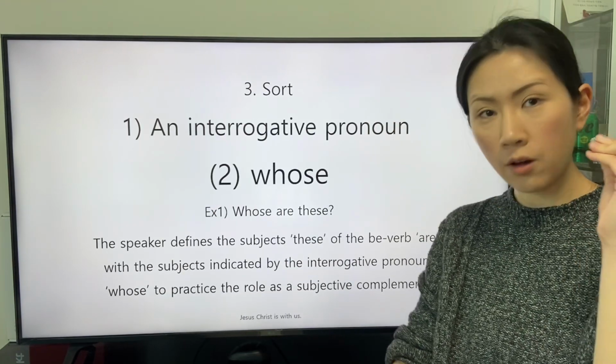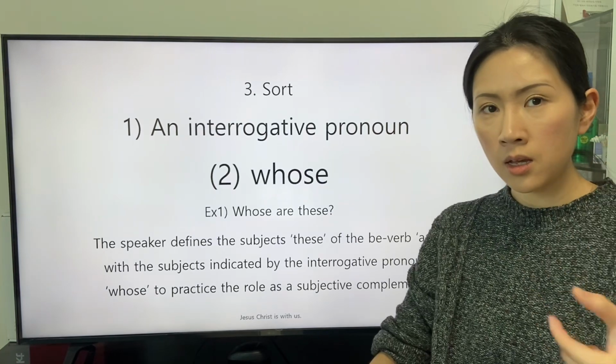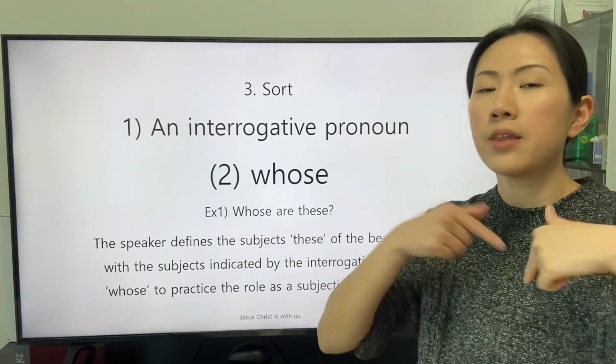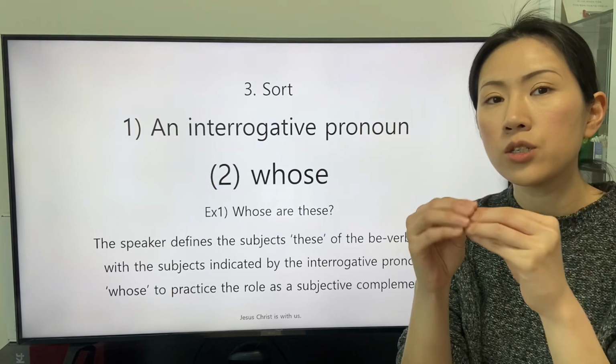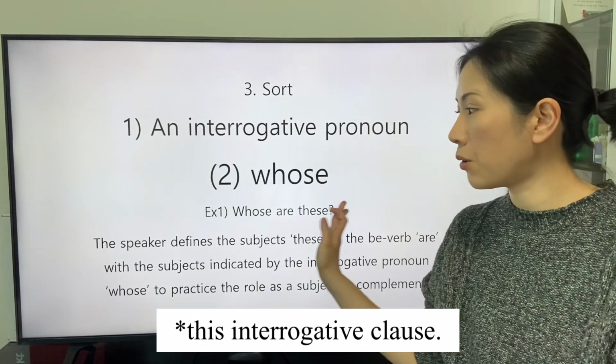The subject of belonging is the information that the speaker intends to figure out in this.